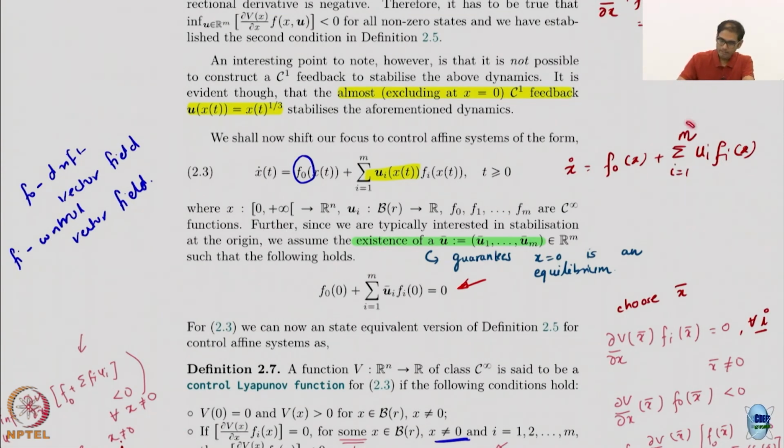Why the index m? Because there are m controls. Each ui is scalar valued, and f0 and the fi's are vectors of dimension n.